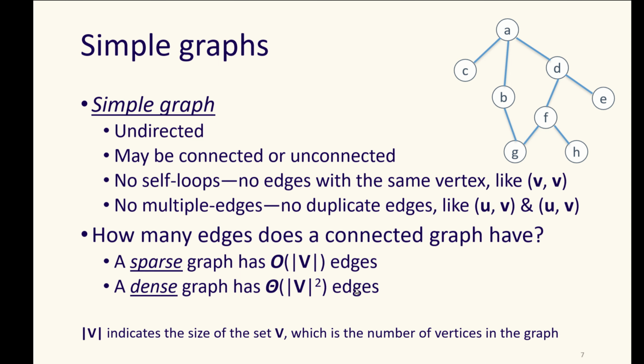And these are just definitions of sparse and dense. These are not proofs that certain types of graph have one of these or another. We could certainly do some math and some proofs around those.